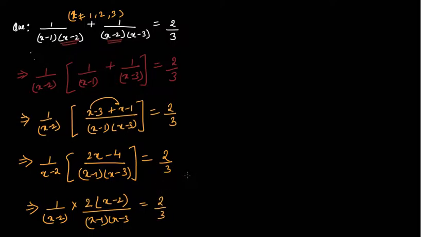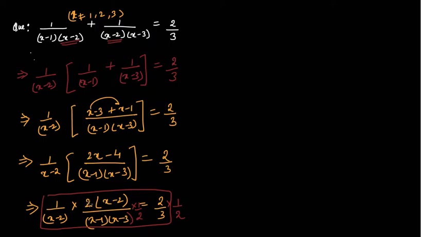So this is what we have here in front of us. That is, after simplifying the given LHS, we are getting the expression 1 upon x minus 2 into 2(x minus 2) divided by (x minus 1)(x minus 3), which is equal to 2 by 3. Now there is a very interesting thing to see here: this 2 and this 2. So I'll multiply both sides by 1 by 2. Why am I doing that?